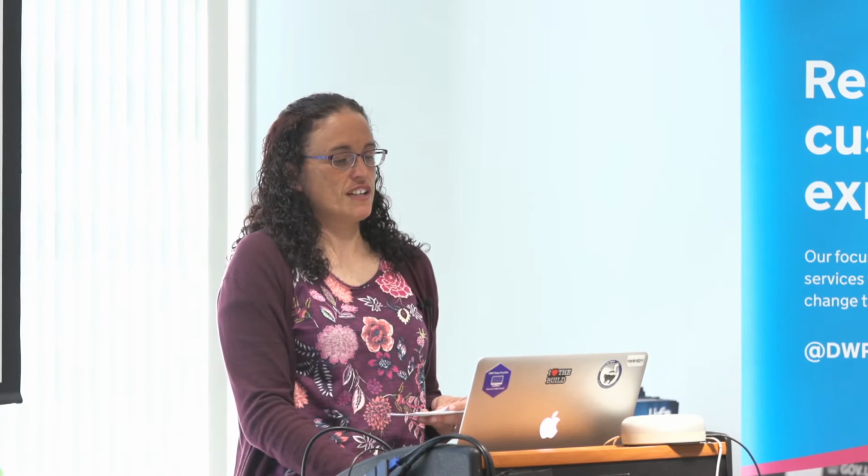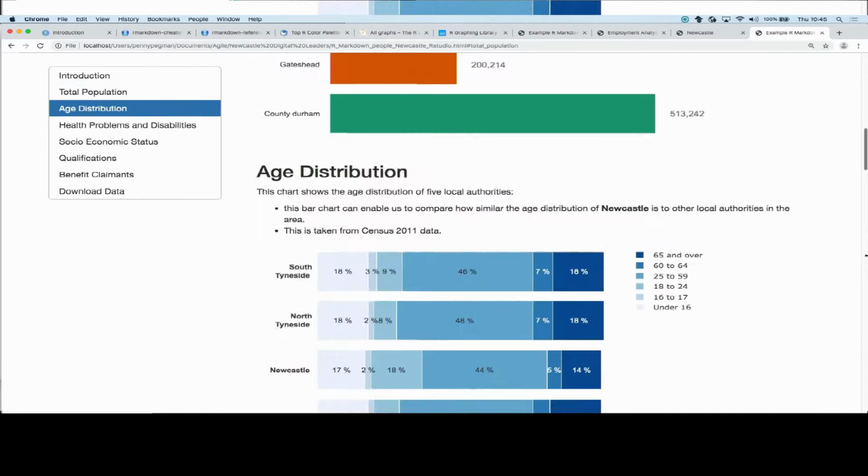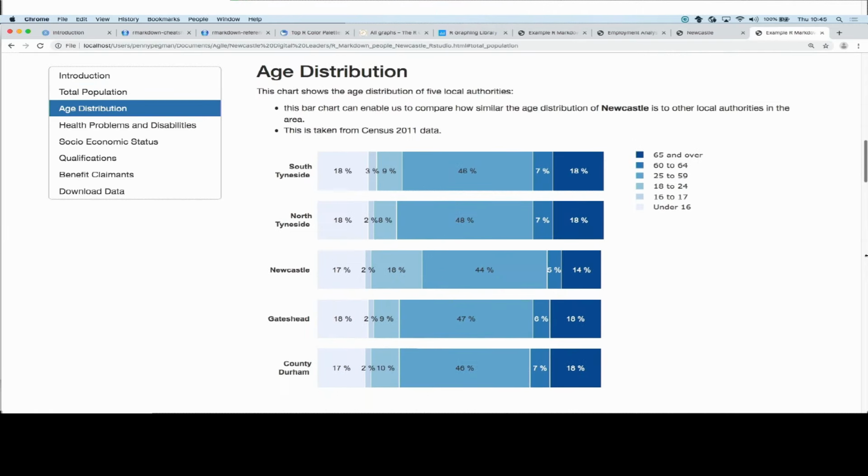So here we've got a kind of bar chart showing the different populations in these areas, and you can actually see the numbers as well. So we show the numbers on the ends, but you can see the relative size from the charts. And then we've looked a bit at the age distribution to look at how the populations change between the different areas.